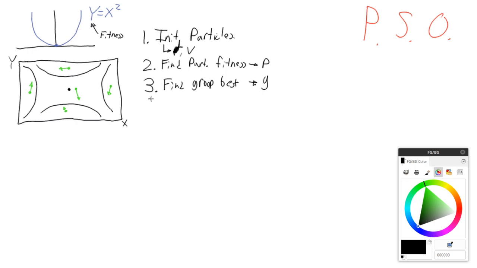And now here's where the magic kind of happens, right? This is the heart of the algorithm. We're going to move the particles, right? We're going to allow them to move, and we're going to try a new spot. So the first thing I want to define is a random number.